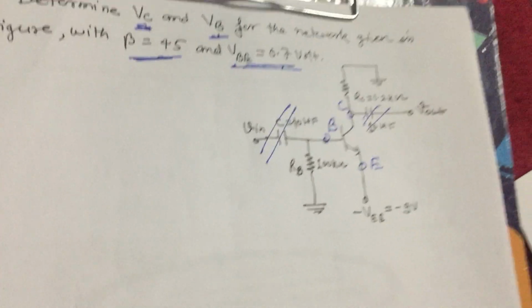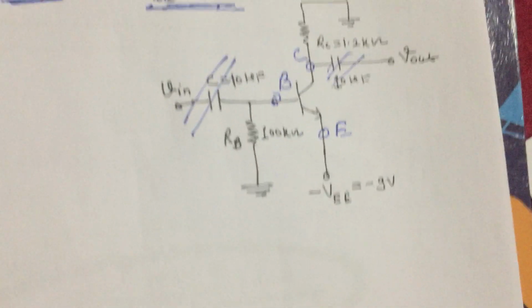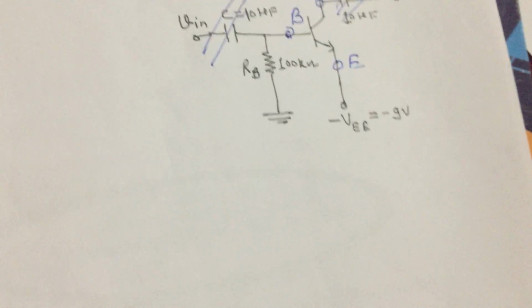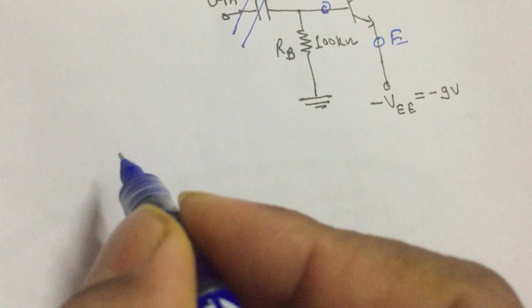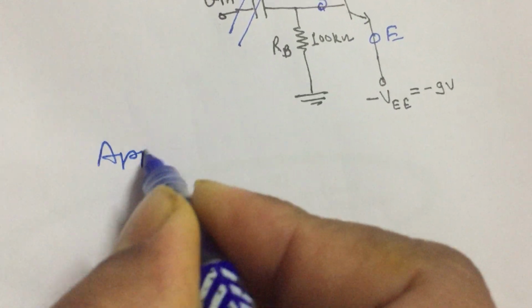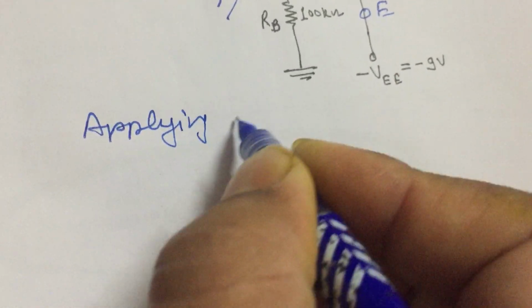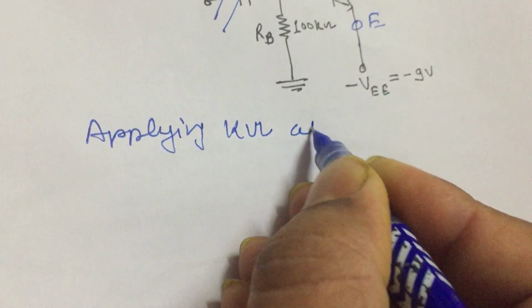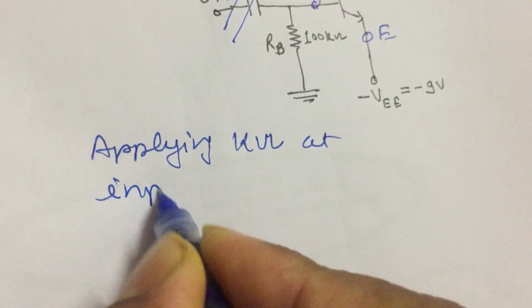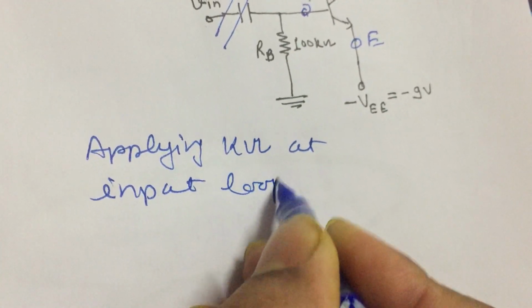So for finding the voltages at these points, we have to apply KVL at the input loop. We write here, applying KVL at the input loop.